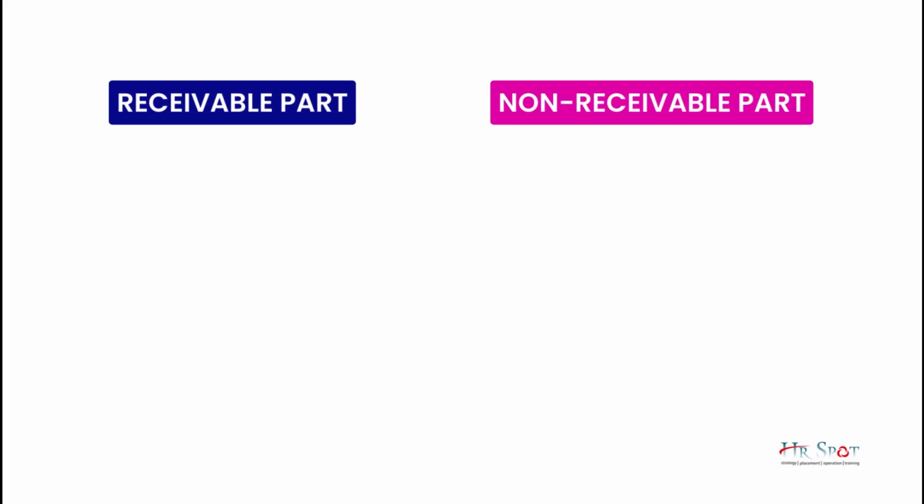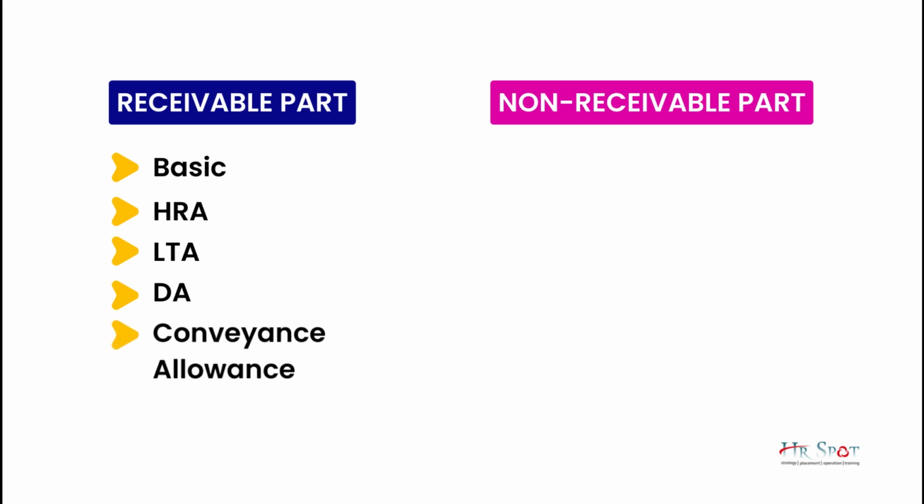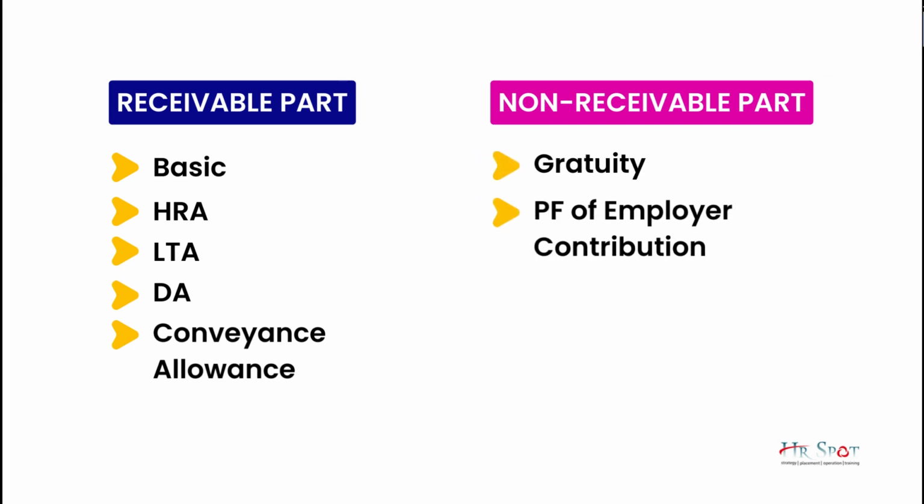Before we take an example of CTC structuring, let us revisit the components once again. In the CTC structure, there are two segments. One is the receivable part and one is the non-receivable part. In the receivable part, we have seen different components like basic, HRA, LTA, DA, conveyance allowances, etc. And in the non-receivable part, we have seen different components like gratuity, PF of employer contribution, and ESI of employer contribution.